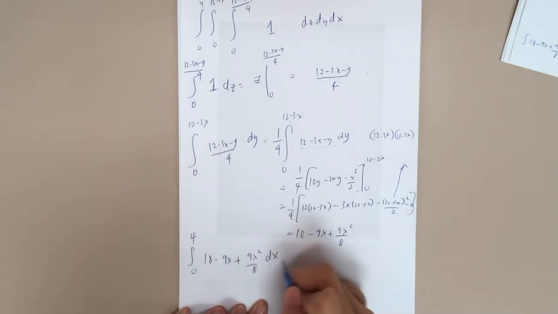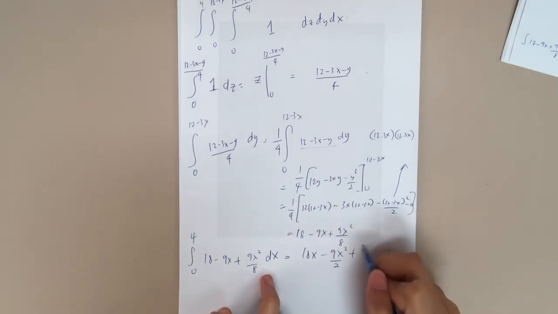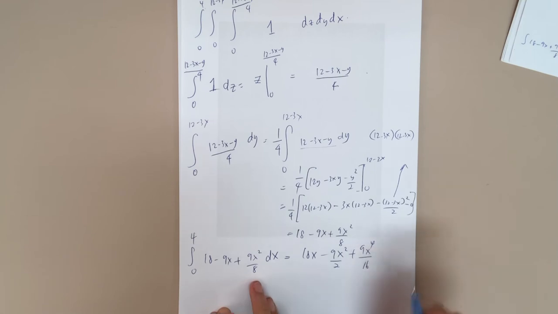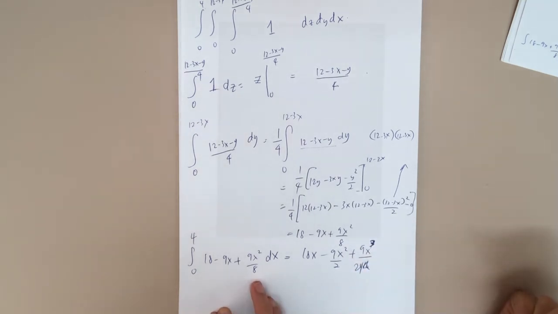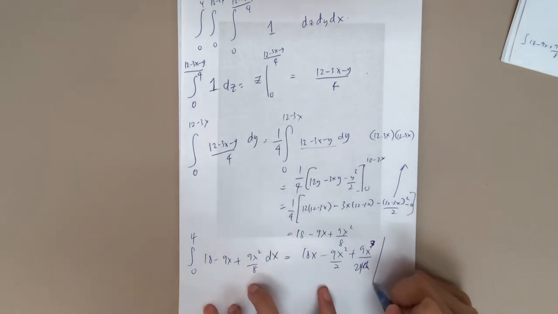With respect to dx. You will get 18x minus 9x squared over 2 plus 9x cubed over 24. Sorry class, it's power 3, so it's over 24.